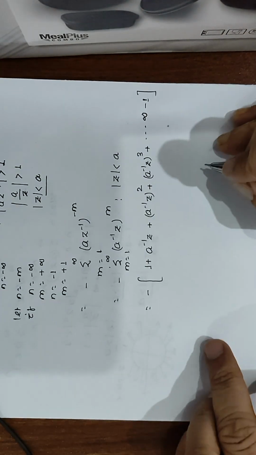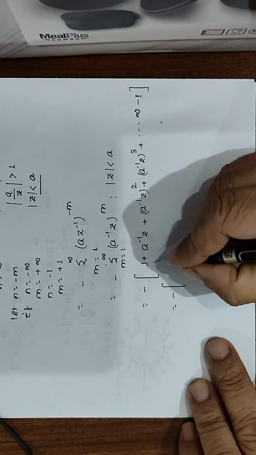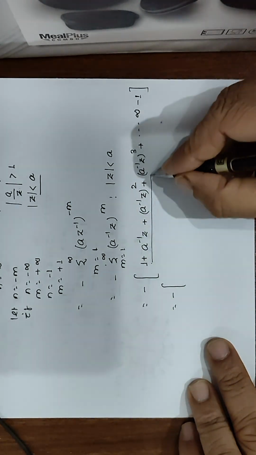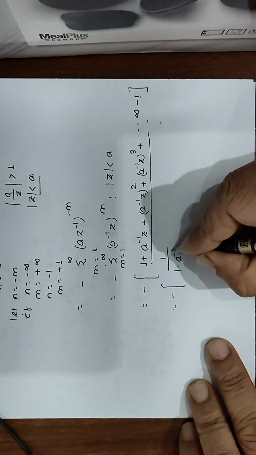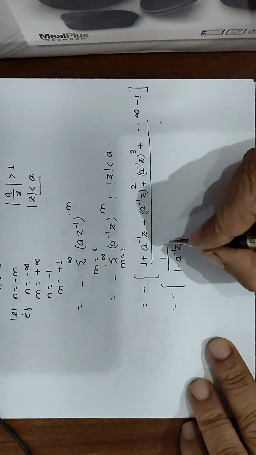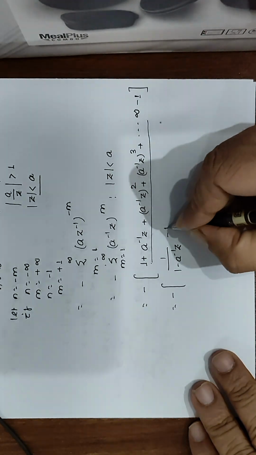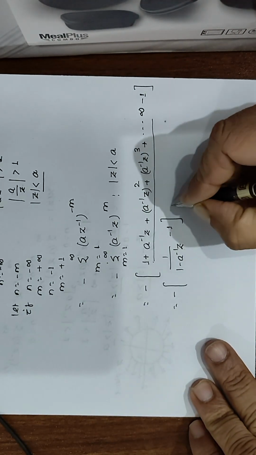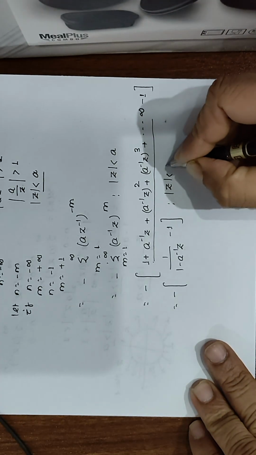So this is minus, and now this whole term is in the GP form. So this is 1 by 1 minus a inverse z, where a inverse z is the common ratio, and minus 1. And the ROC should be mod of z less than a.